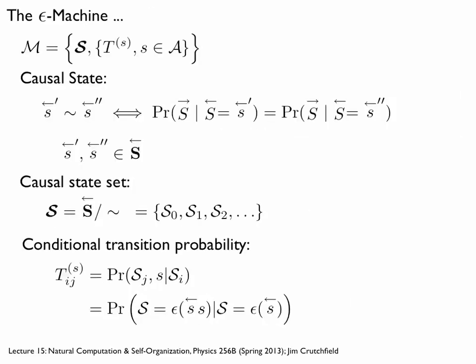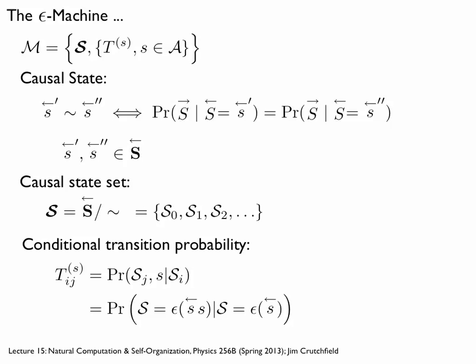Okay, so just to recall, the epsilon machine is this set of causal states and set of measurement symbol-labeled transition matrices. The first real lecture was trying to motivate this predictive equivalence relation that induces the causal states, right?